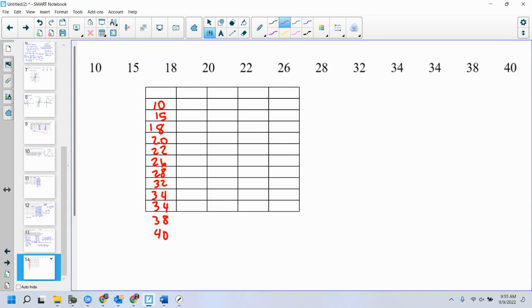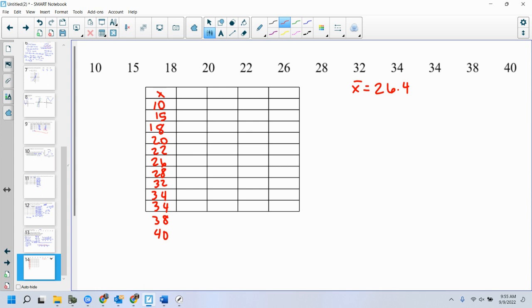You get the idea. So there's our x's. The first thing I have to do is find the mean, but we found that already. The x bar in this case was 26.4.